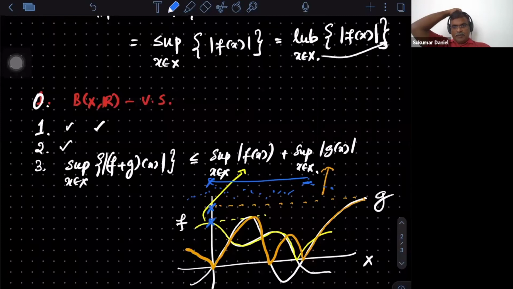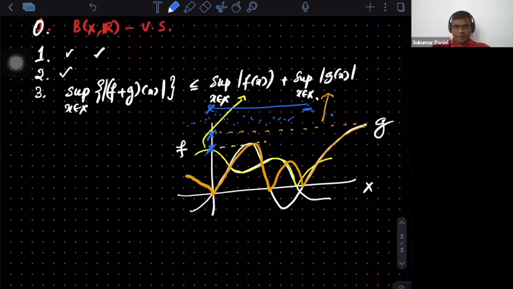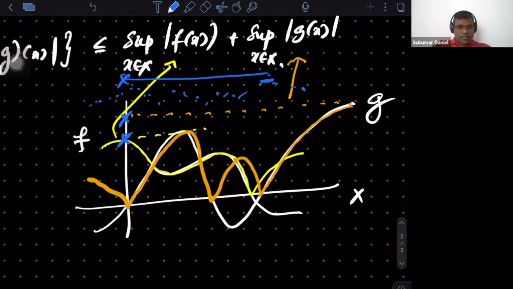So is the geometric picture clear? Just take a minute.